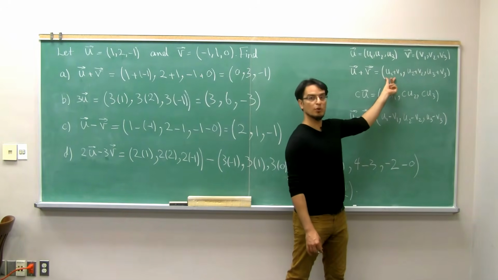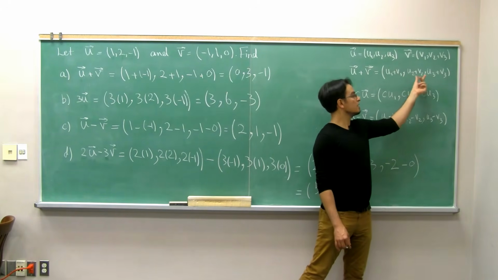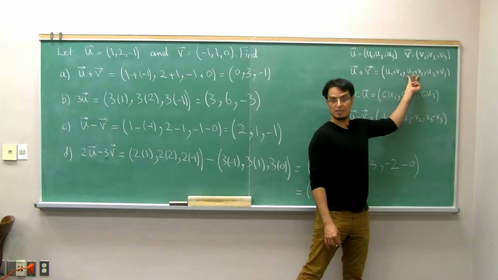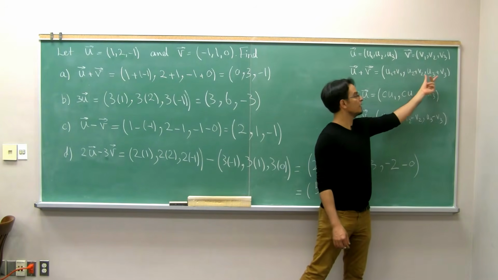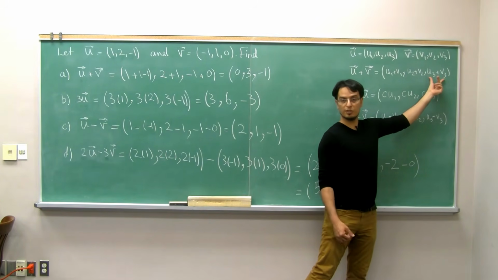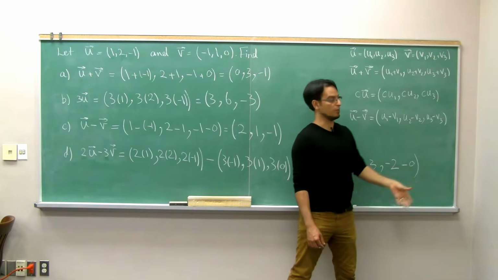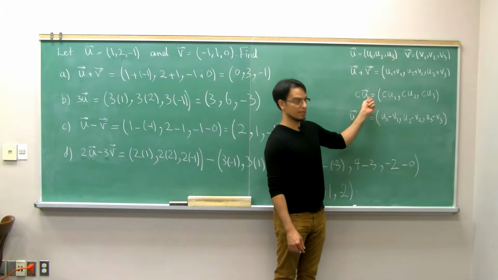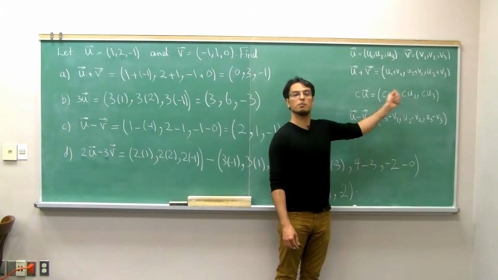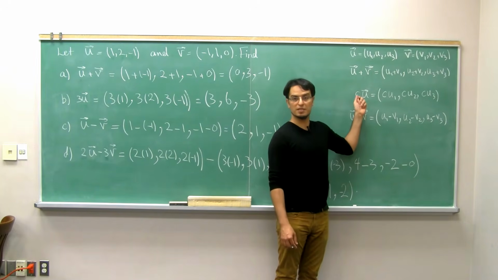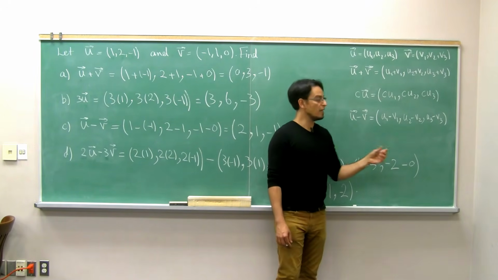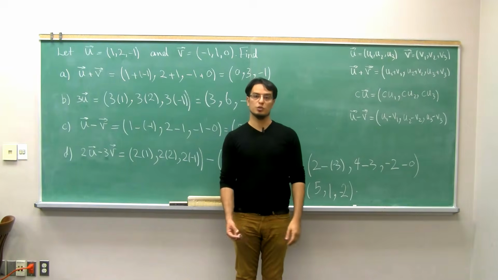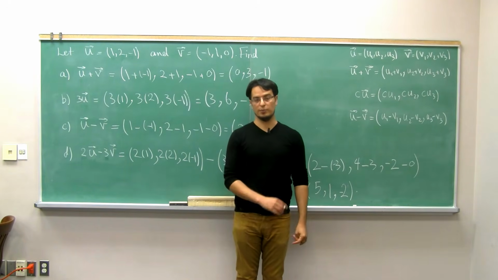The sum of the first components goes in the first spot, the sum of the second components in the second component, and the sum of the third components in the third one. Do exactly the same thing for scalar multiplication: multiply the scalar number c to each component, and for subtraction, you subtract all three components.